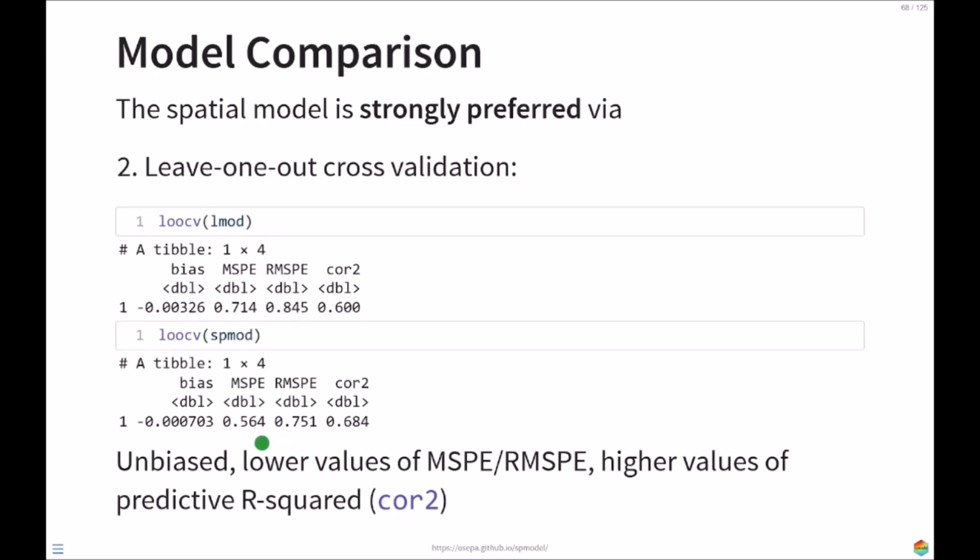But the spatial model is more efficient. It has lower mean square prediction error and root mean square prediction error. It also has higher values of cor2, which is what we call predictive R squared. So this is the squared correlation between the observations and the leave one out predictions. So a second line of evidence that the spatial model is more effective here.